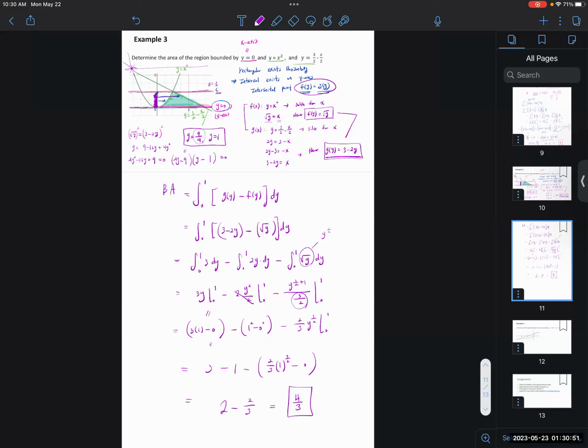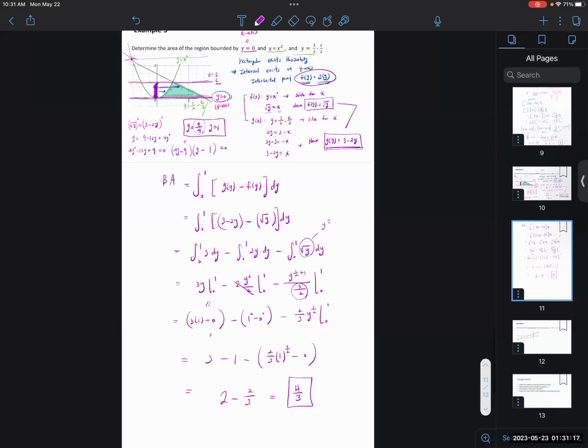If f(y) and g(y) are given, you don't need to modify them. In this example, we weren't given g(y) or f(y), so we modified them. You need to convert every variable in terms of y, then check which height is higher based on the y-axis, so you can find the area. So that's it, pretty much.